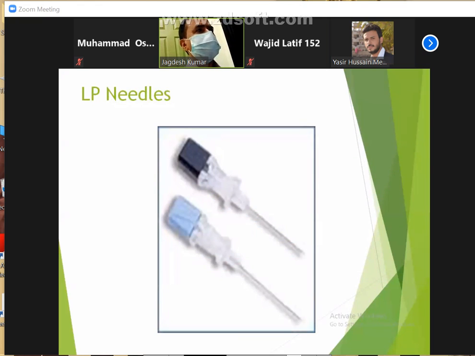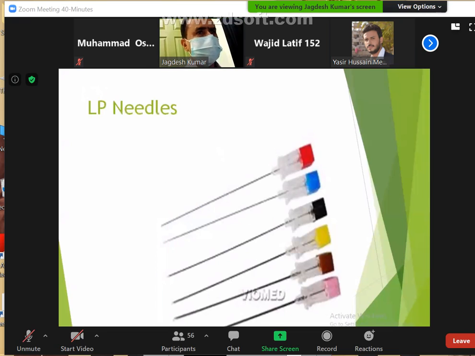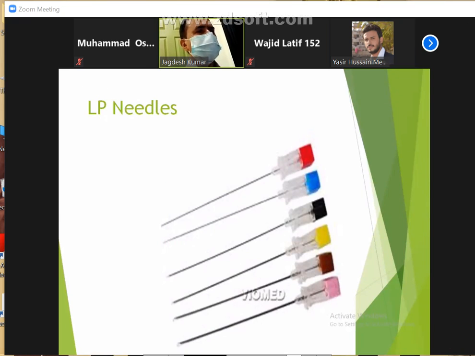These are lumbar puncture needles. You just identify what this is. It's not an IV needle. This is a lumbar puncture needle. You see the different sizes for different ages, from a small infant to an adult. The bore will depend upon the size.